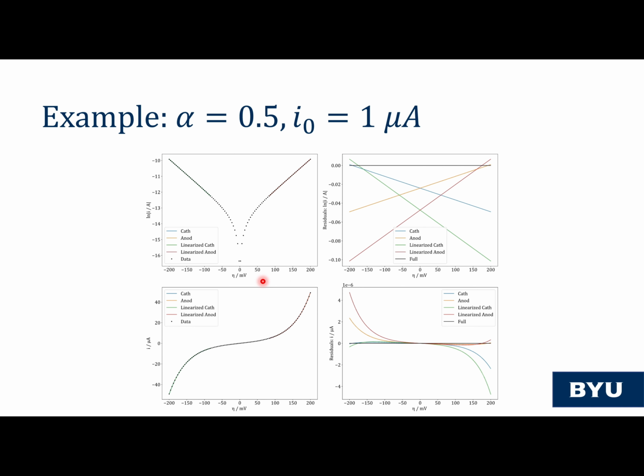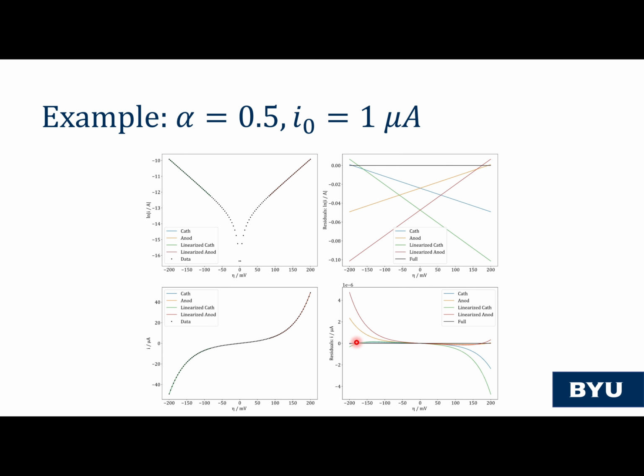Here we can see the Tafel diagram essentially un-Tafelized. So we're just plotting the current versus the overpotential. And you can see here that the same trend continues, right? The data is best fit using the full expression, and if you're not going to use the full expression, at least don't linearize your data.